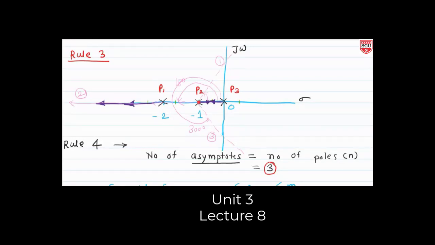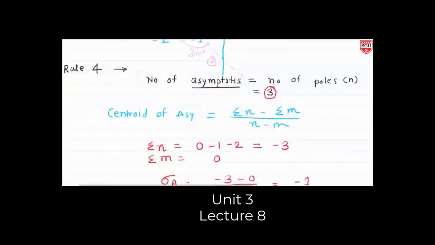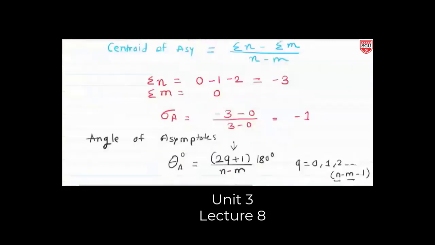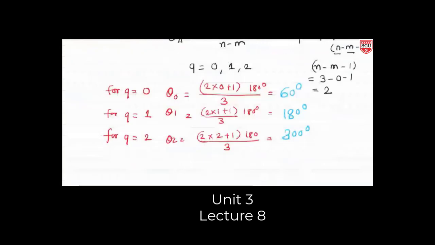3 asymptotes which are starting from -1, which we found by using this formula, and we found 3 angles. Is it clear? 3 angles, how we got?